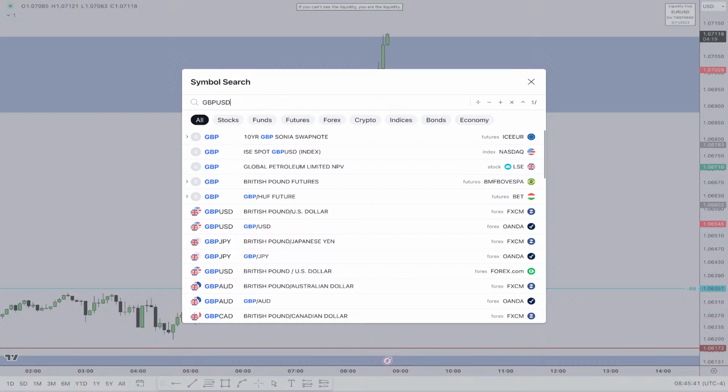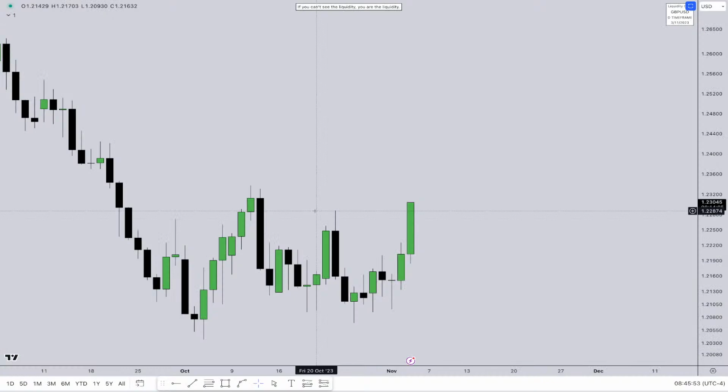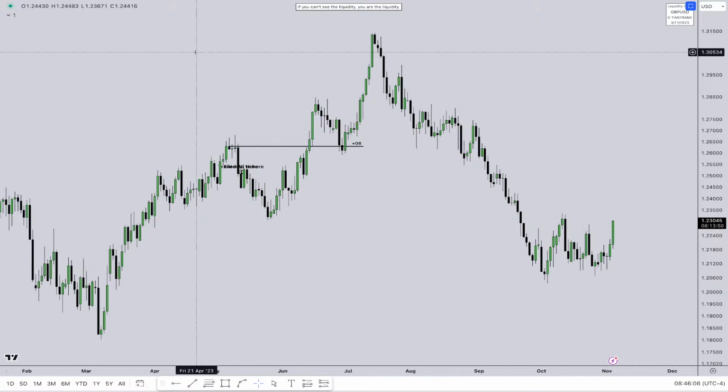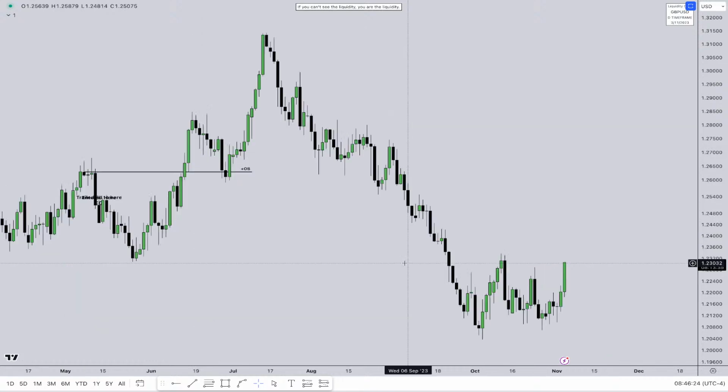Price has swept the buy side liquidity here. There is a seasonal tendency that we form the high at the second week of July, and then we form the low between September and November, till the end of November.